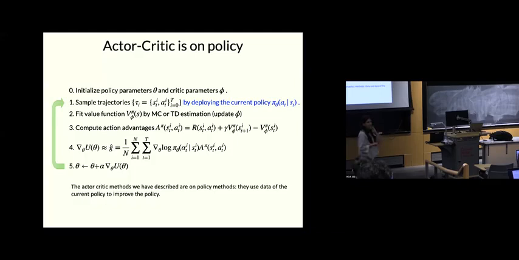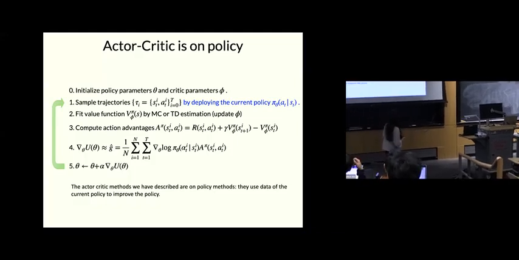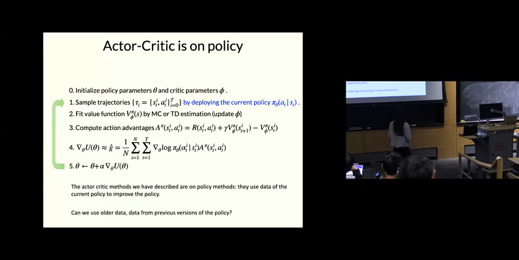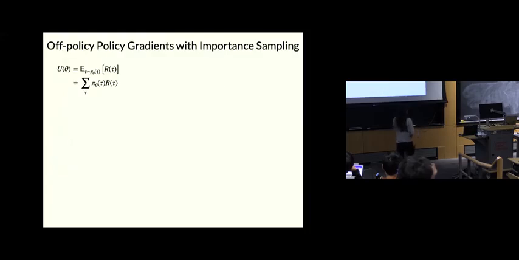So here are a few slides, to be motivated more on Wednesday, on how you can actually use experience from older versions of your policy, collected from previous thetas before your gradient updates, in the present policy and update the new policy gradient. So how can we do that? Well, what if we use importance sampling? Let's see.